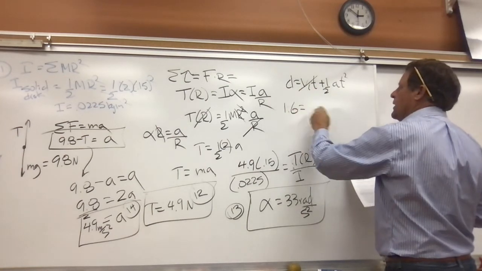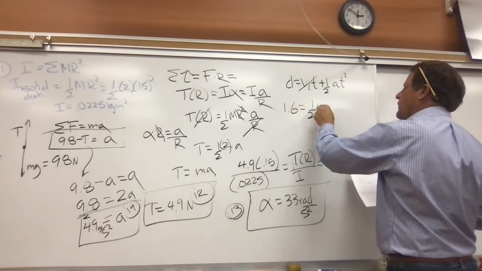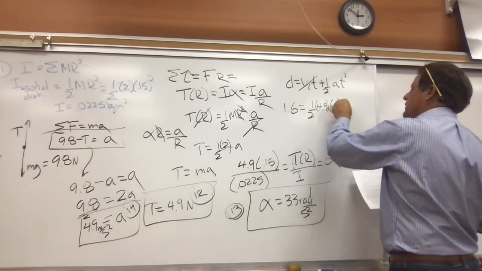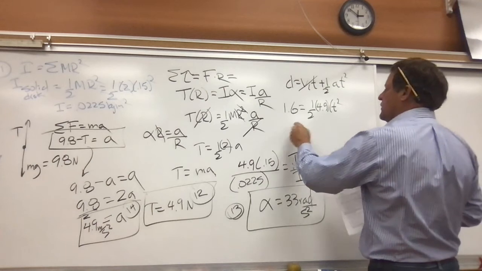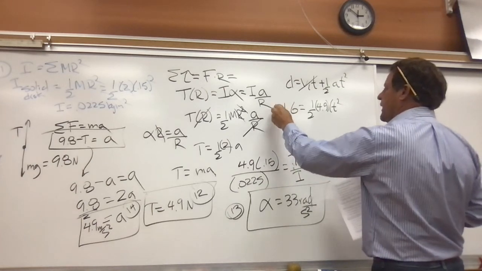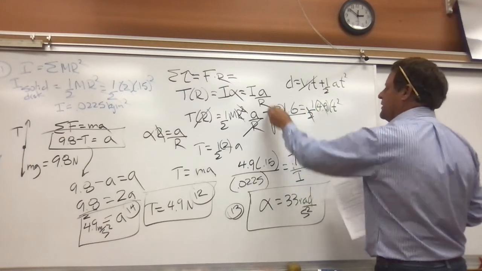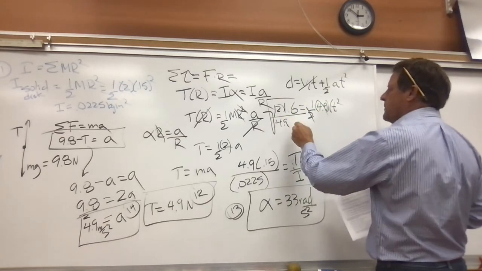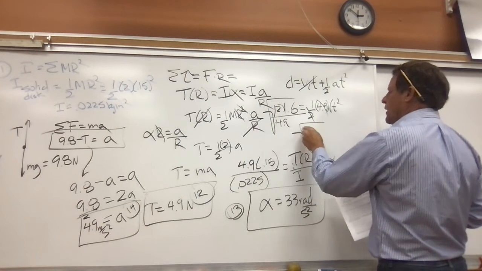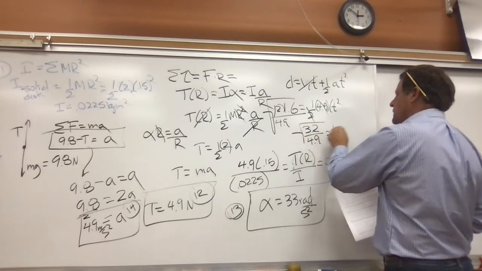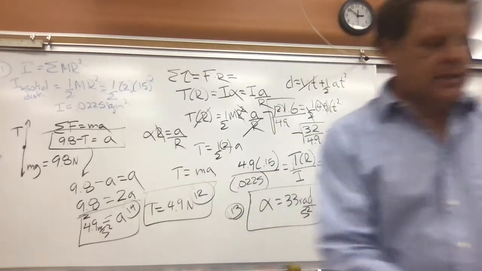That initial velocity term goes away to 0. 1/2 of 4.9 times t squared. So 2 gets multiplied, 4.9 gets divided, and then we take the square root. So that's going to be the square root of 3.2 divided by 4.9, which is going to be equal to the time.